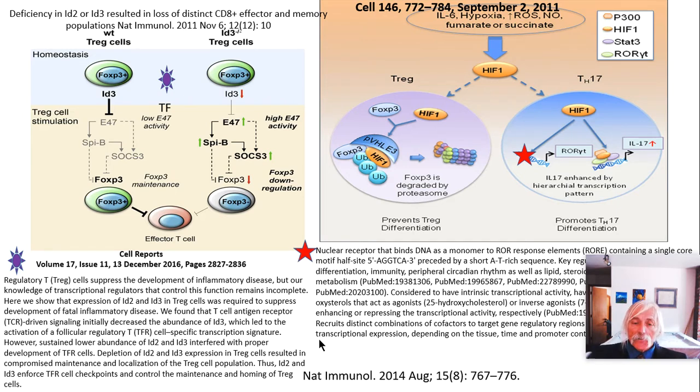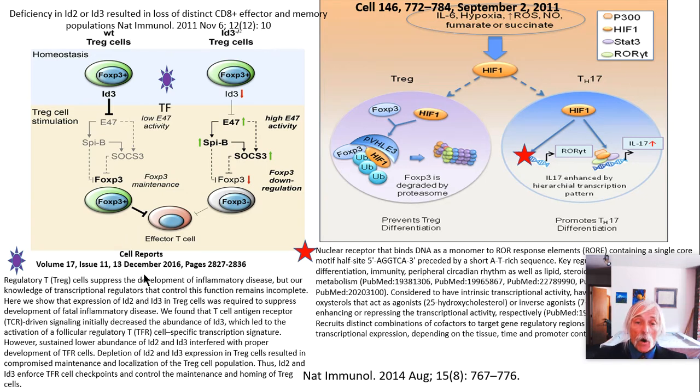Depletion of ID2 and ID3 expression in Treg cells then results in a compromised maintenance and localization of the Treg cell population. Thus, ID2 and ID3 enforce the TFR cell checkpoints. That's the T follicular regulatory checkpoints, and that controls maintenance and also homing of the Treg cells. So that's how that whole process works.